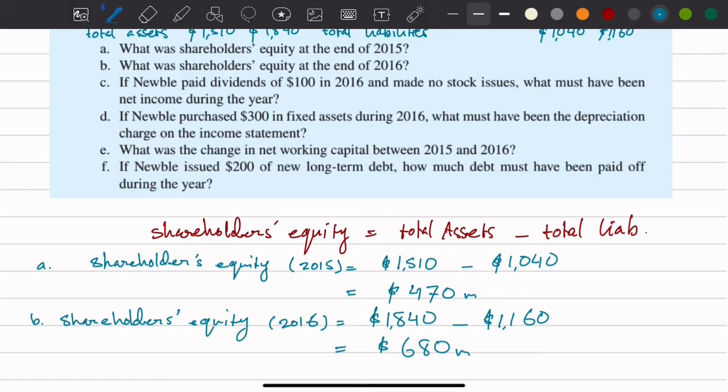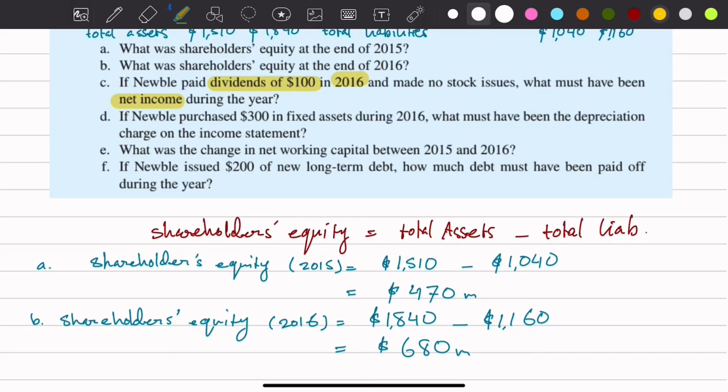If we consider that the company has paid out $100 million to their investors, then the question wants to know what the net income for 2016 was.